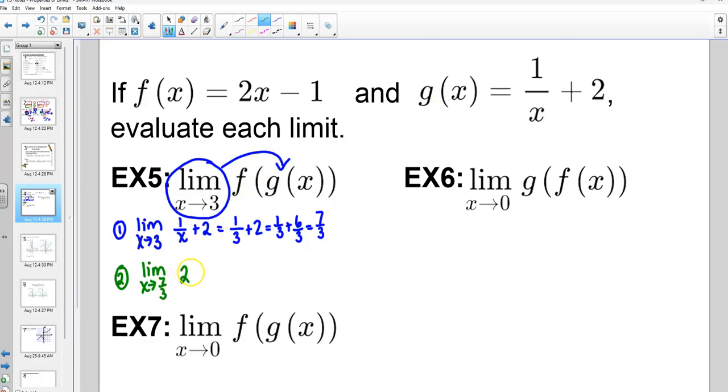So that'd be our 2x minus 1. And so whatever you get right here for your limit for the inside function becomes what you're approaching in the next limit of the outside function. And everything you're going to see right now should be direct substitution.